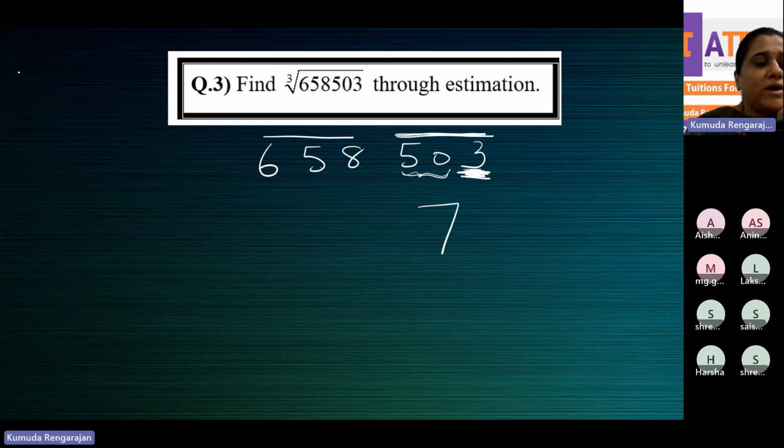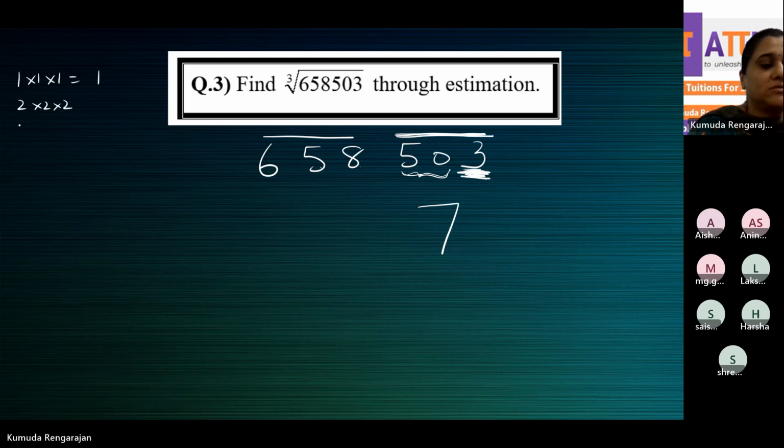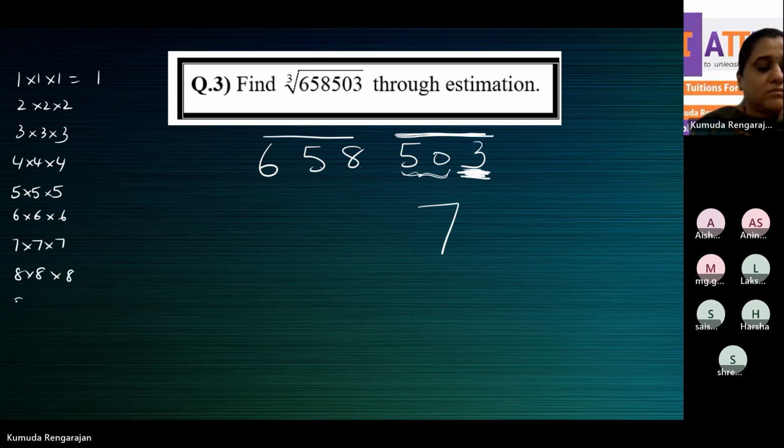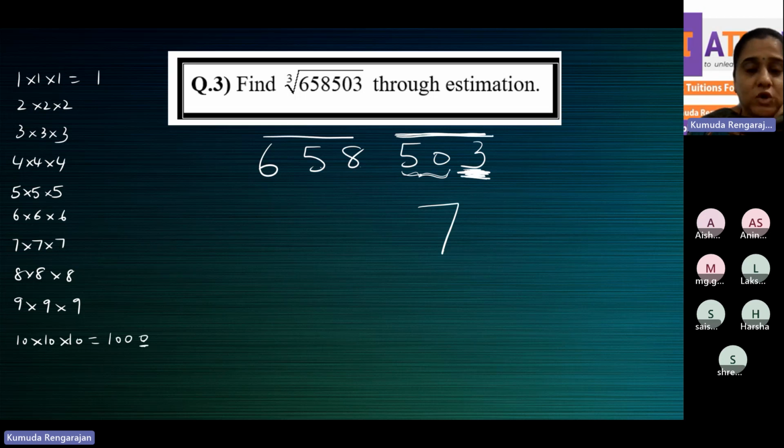1 into 1 into 1 is 1. 2 into 2 into 2 is 8. Now 1000: if the cube number ends with the digit 0, then its cube root also ends with the digit 0. 10 is the cube root.